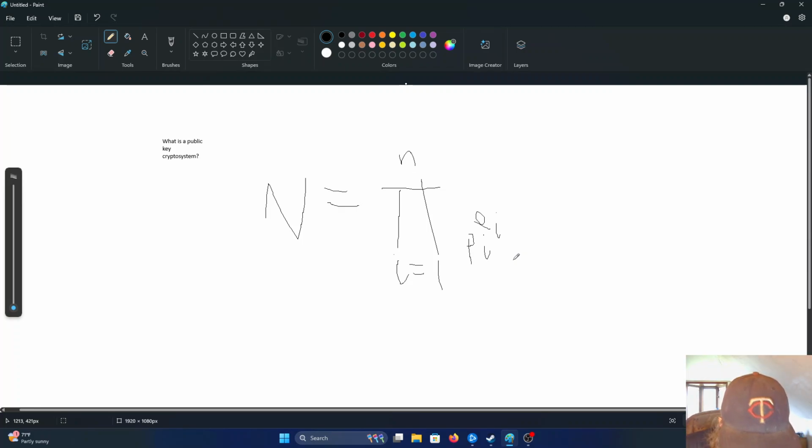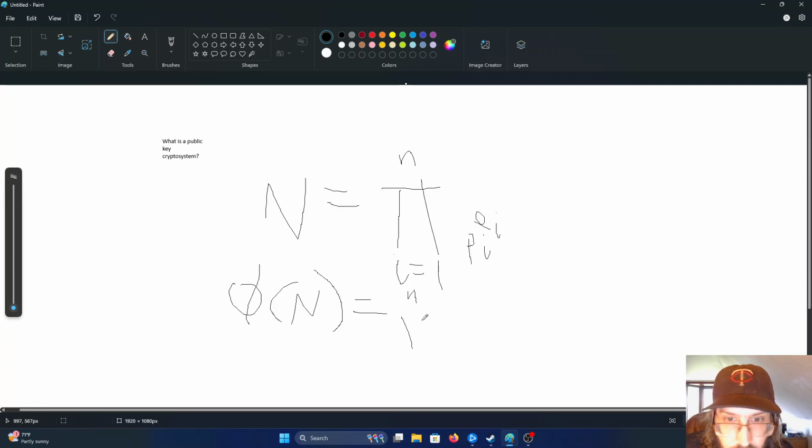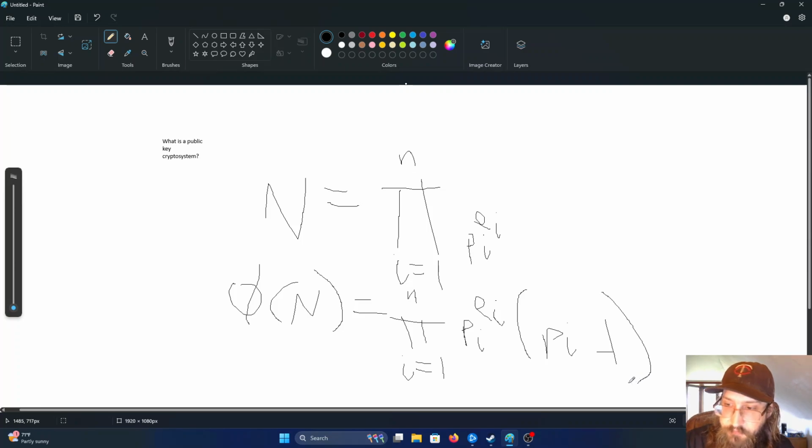Then Euler of n equals n over this product, i equals 1, p sub i raised to the e sub i, times p sub i minus 1. Note that the last statement is very important for cryptography.